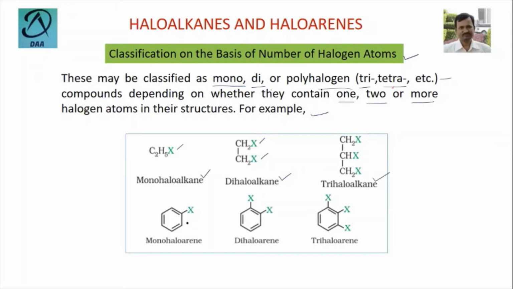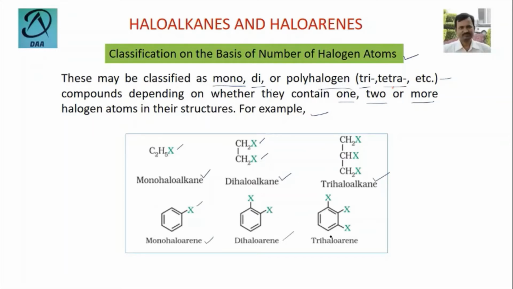Now for haloarenes, if one halogen atom is directly attached to the benzene ring, it is called a monohaloarene. That means it is chlorobenzene in this case, but in general terms, monohaloarene. If two halogens are attached directly to the benzene ring, then it is called a dihaloarene. I use the term directly attached to the ring; that you have to remember.